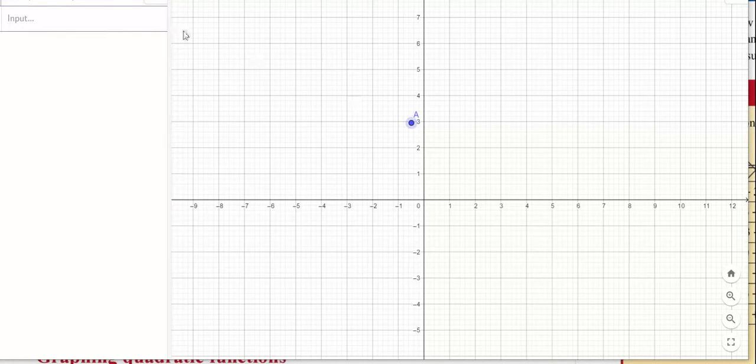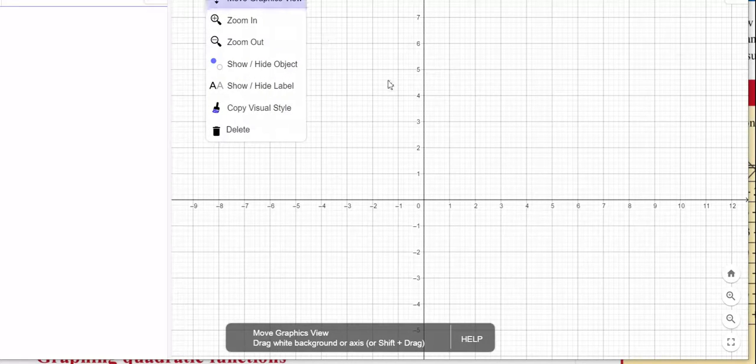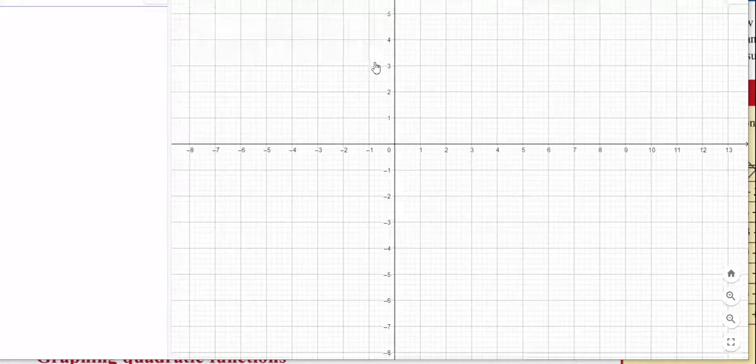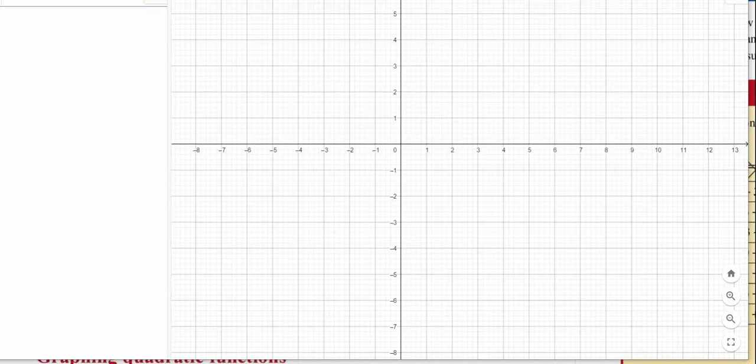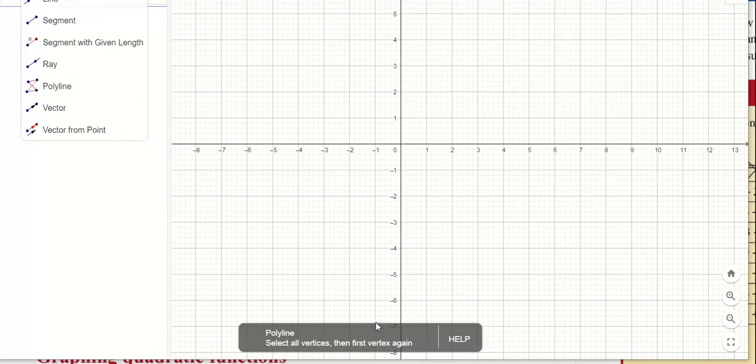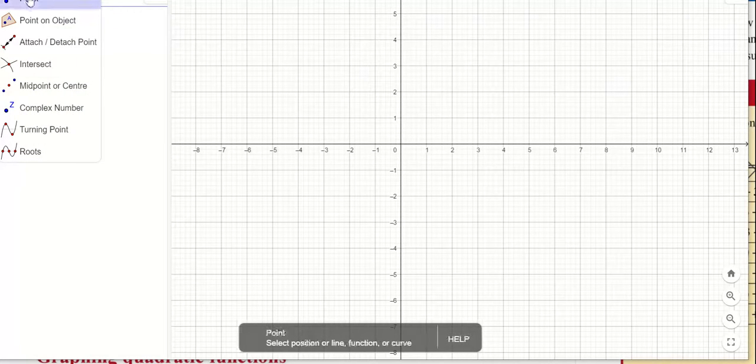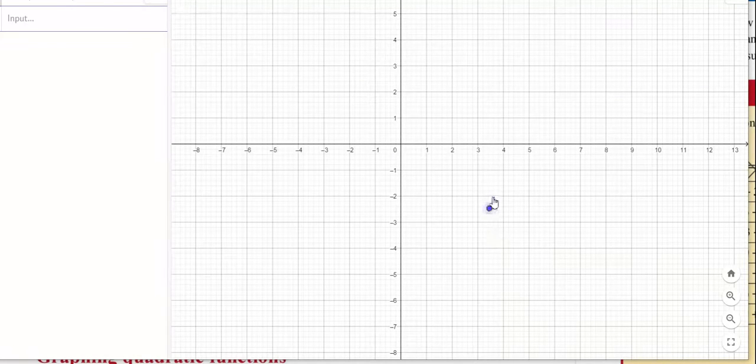Whoa, gotta undo that. Okay, so I'm going to look for (-1, -7). (-1, -7) is located here. Yeah, great. Just give me my point, please. Thank you. So there's (-1, -7) located there.